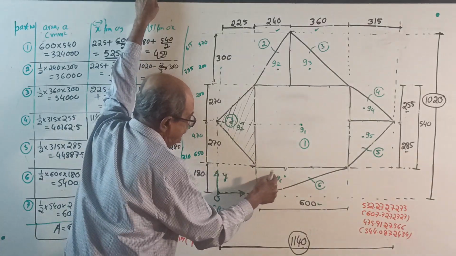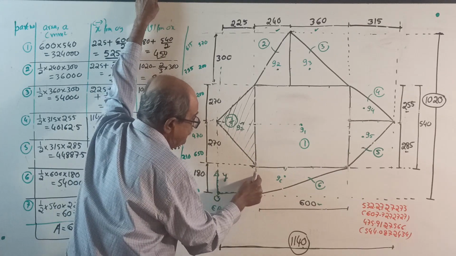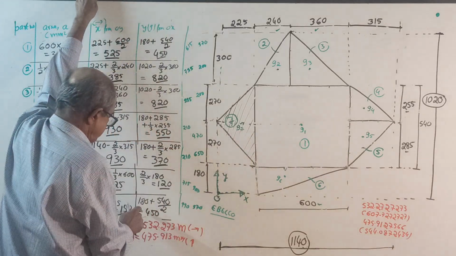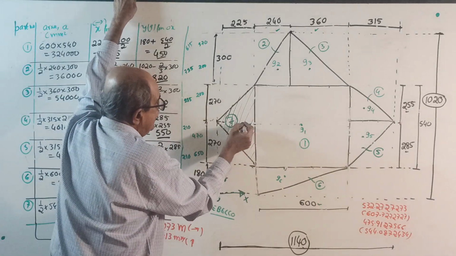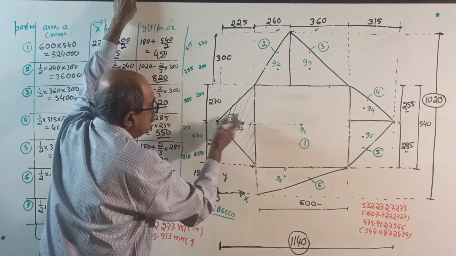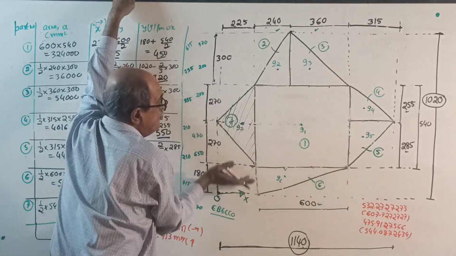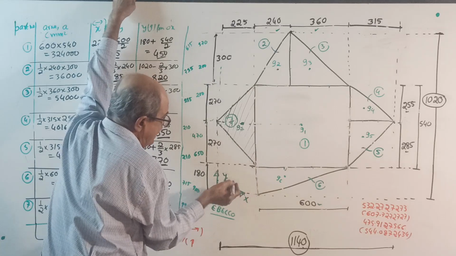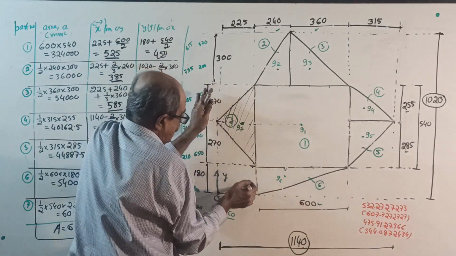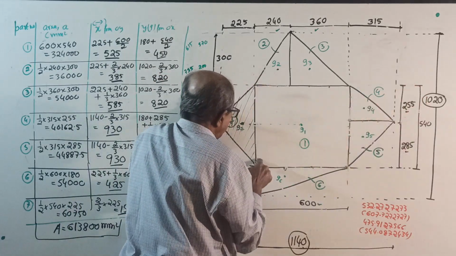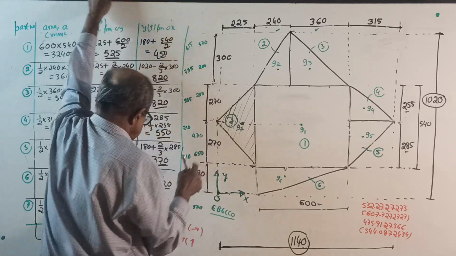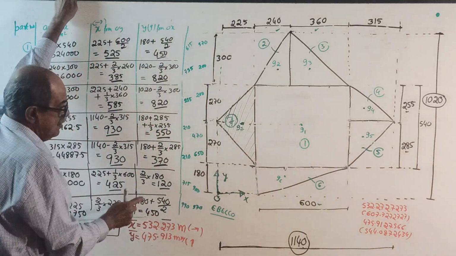From here to here. 2 by 3 of 180. Okay. Last one. Here, this way is 1 by 3, 2 by 3. But this way is center. 180 plus 540 divided by 2, or 180 plus 270.